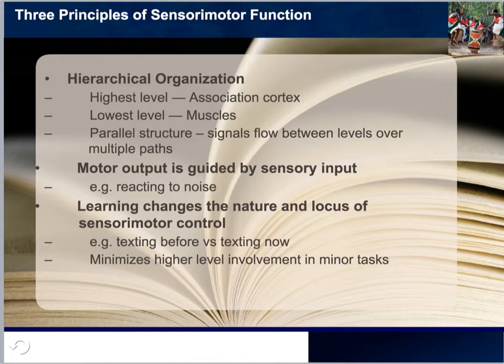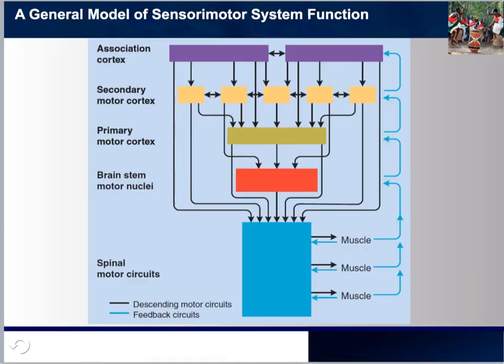Well, that's not necessarily recommended. We do find that this shows us how there's a minimization of higher level involvement in minor tasks. That is to say that our brain is no longer as active as it was at the beginning. Now it becomes perhaps second nature, and it facilitates our behaviors. Comparing it to the business model, this would make our body a lot more functional and a lot more effective.